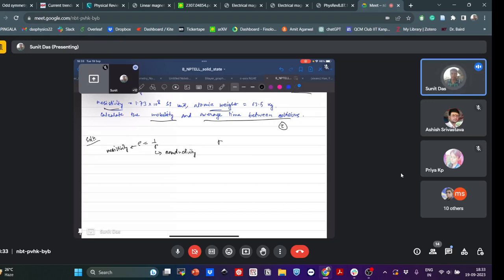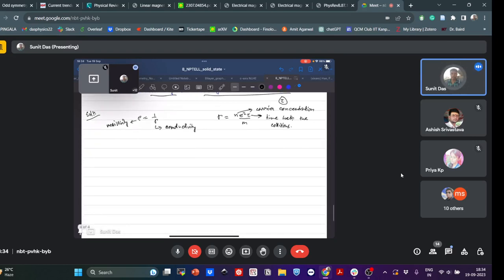In the classical Drude model, conductivity is given by n e squared tau by m, where n is the carrier concentration, tau is the time between the collisions, and m is the electronic mass if the charge carrier is an electron, and e is the electronic charge.